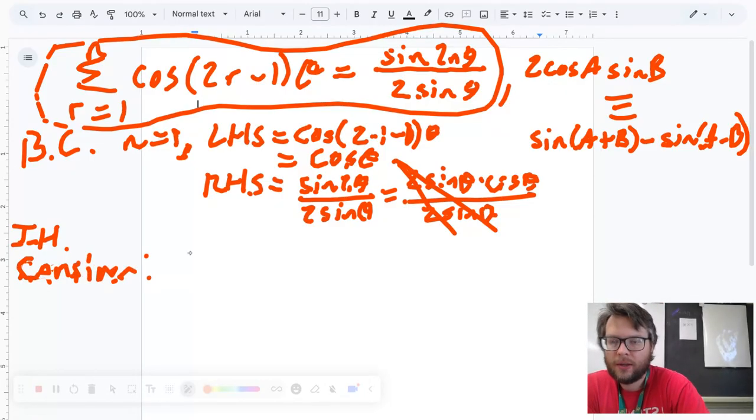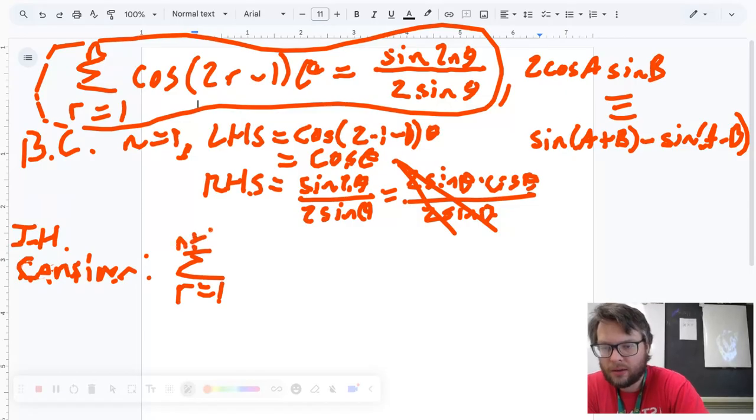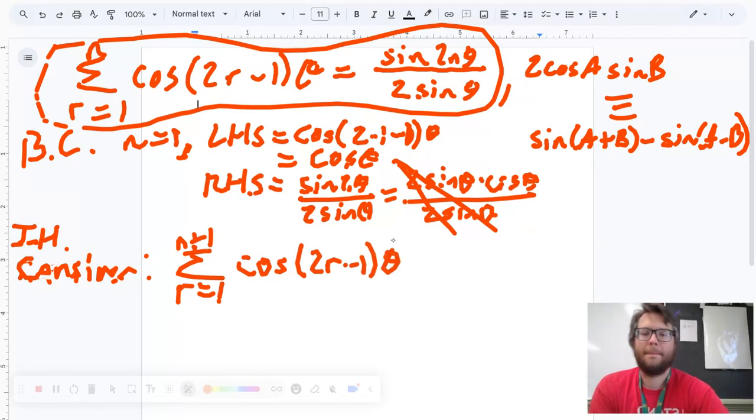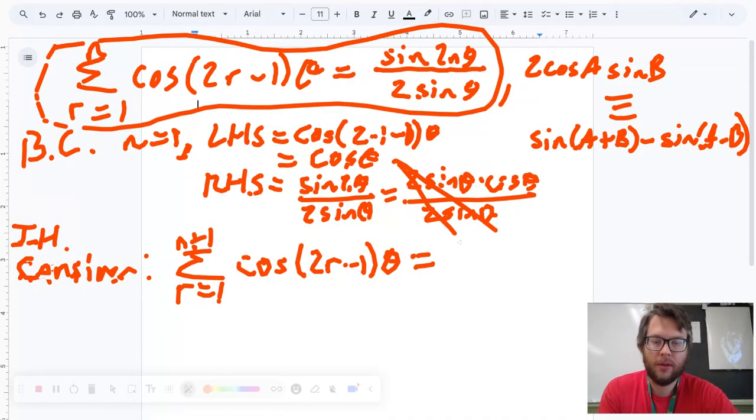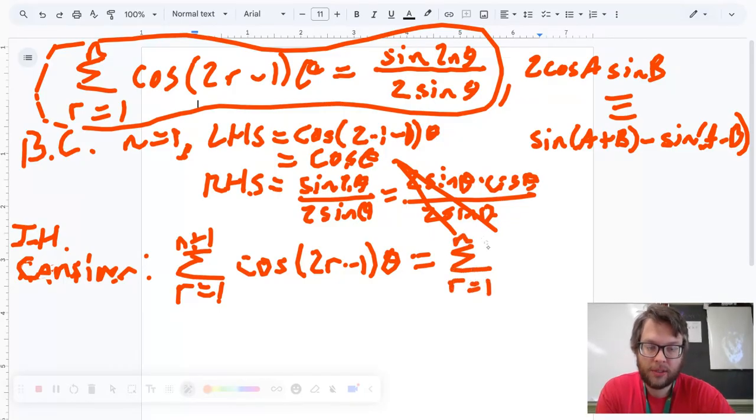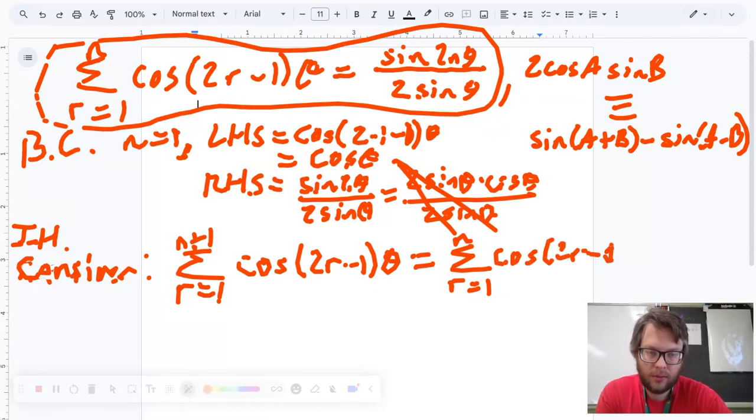We're going to consider the sum from r equals 1 up to n plus 1 of cosine (2r minus 1) theta. Now, we're not going to write down the right-hand side, but we're going to say that this is equal to the first n terms, the sum of cosine (2r minus 1) theta, plus term number n plus 1.